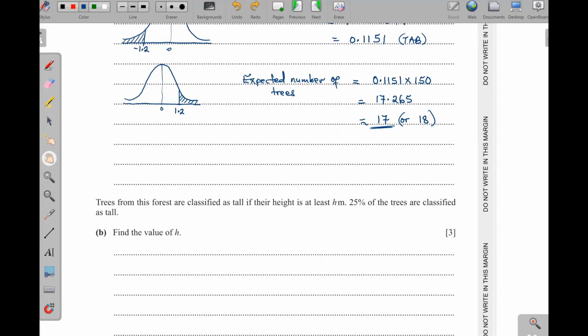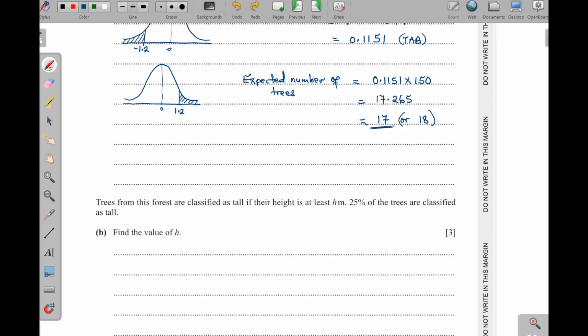Then here they are saying trees from this forest are classified as tall if their height is at least h meters. Here, at least means greater or equal. 25% of the trees are classified as tall.